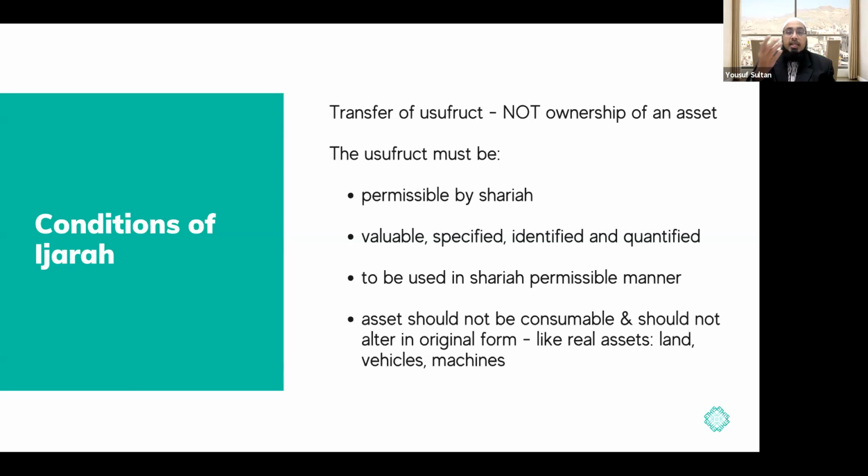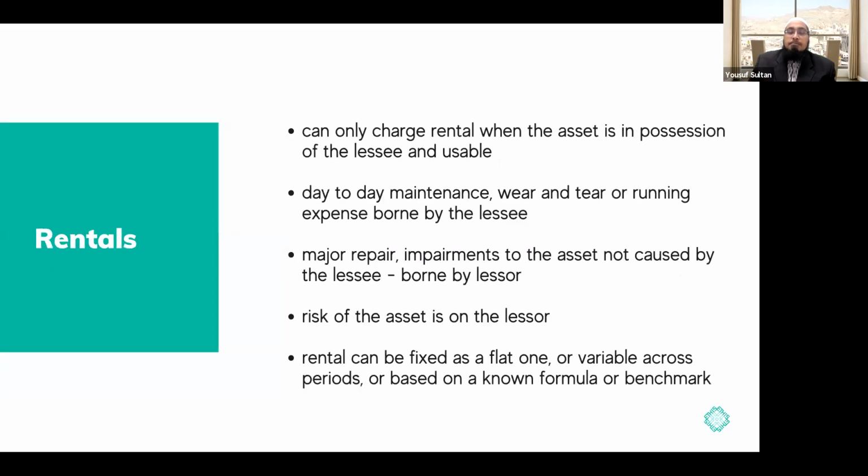For example, we can take real assets like land, vehicles, machines. But for consumables or perishable ones, if someone wants to usufruct it, it will alter from its original form. So that's not a valid item for Ijara. That's valid for a sale contract, but not for Ijara.